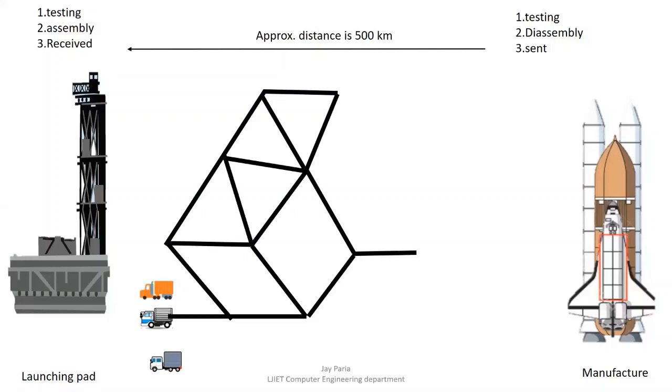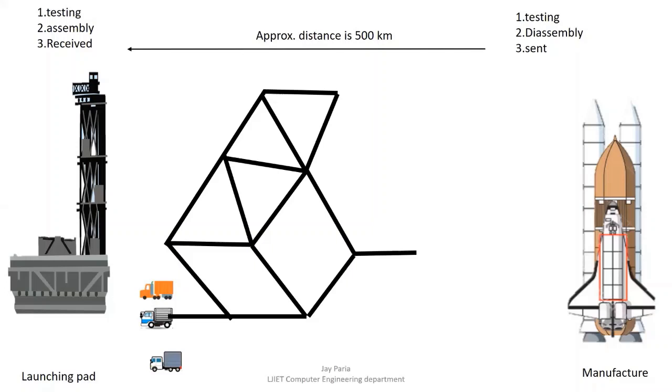They will mark numbers on them so that it will be easy when they are received at the launching site. Then in the sending layer, the trucks will follow different routes and try their maximum to deliver their spare parts.